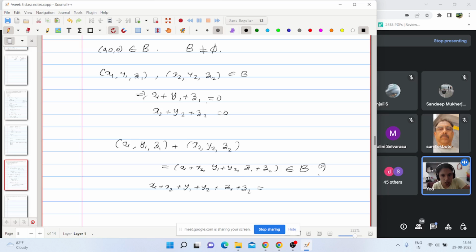Now, if I take any scalar and multiply it with an element x1, y1, z1, which is an element of B, what I get is Cx1, Cy1, Cz1. Does this belong to B or not?